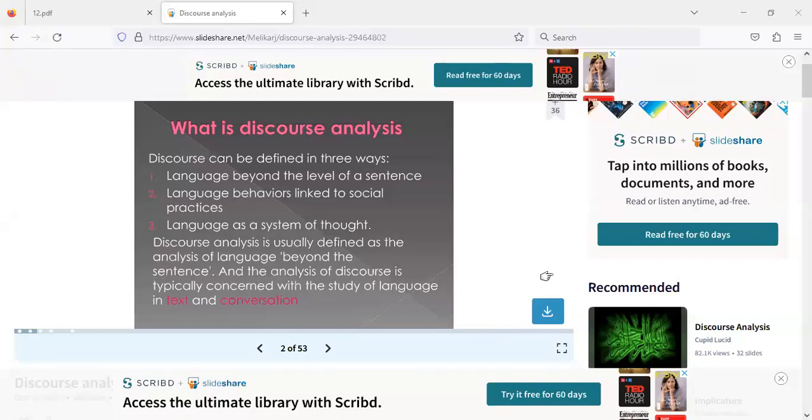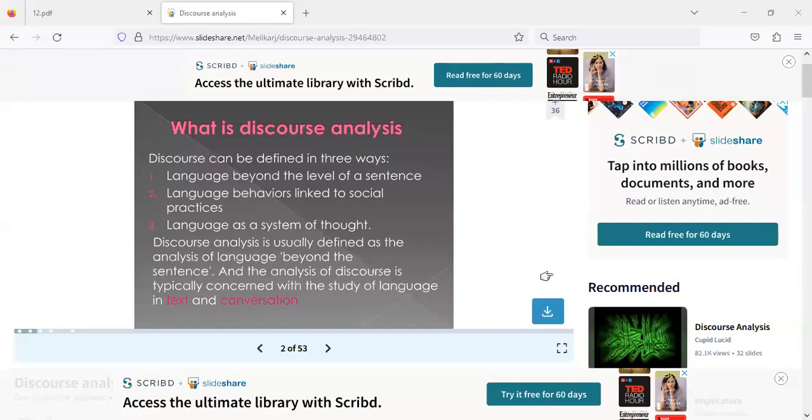And the third one is language as a system of thought. Now, when we study linguistics and its scope, we say one characteristic of language is that it's a system of systems, many systems. Basically, language is related to thought.